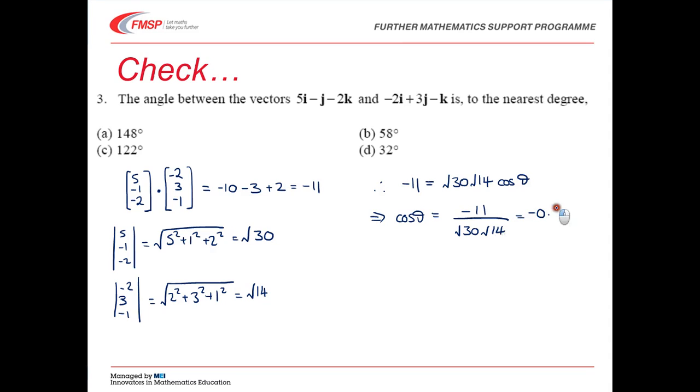That's minus 0.5367, and that means that theta is equal to 122.46 degrees. And we're asked to give it to the nearest degree, and that's option C. Note that in this case we weren't asked for the acute angle, but we were asked for the angle between the vectors, so we give whatever angle comes out.